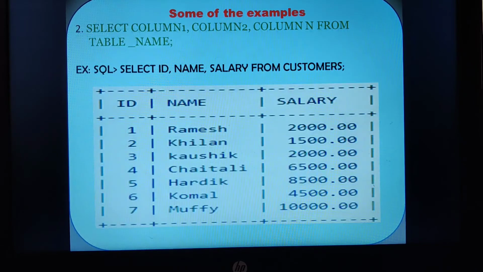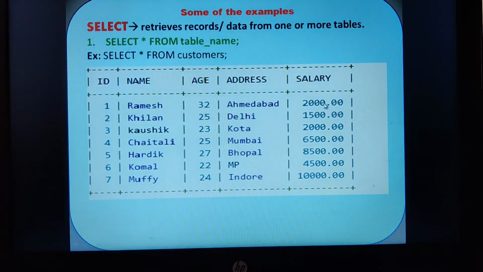That means this entire table would be displayed, except that Ramesh, Khilan, Kaushik, these three records would never be displayed. Only Chaitali to Muffy, with full ID, name, age, address, salary, everything, all the records it would display. Why? Because we are using an asterisk there. So select star from customers where salary is greater than 2000, if I give that, then right from here to here it would display me the contents.